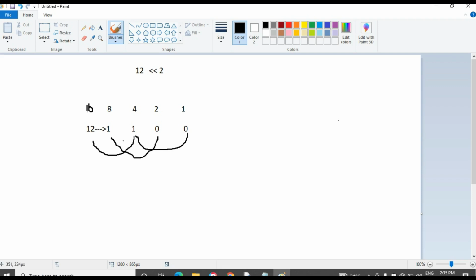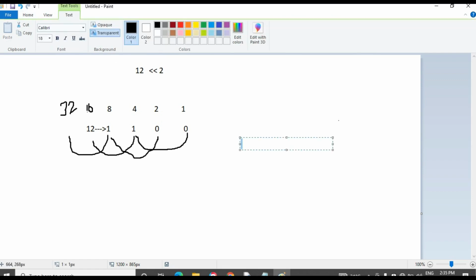The 16 will come here. And this one will move to the next position, 32. Okay, got it friends?